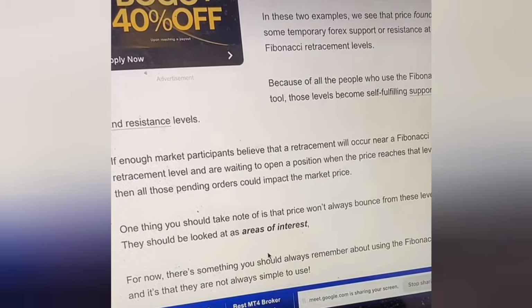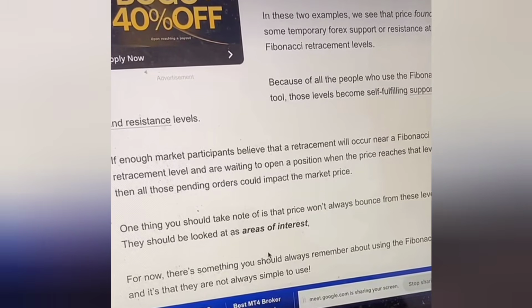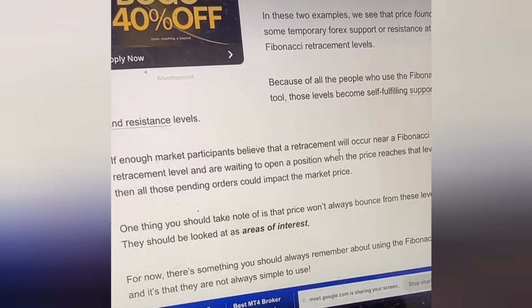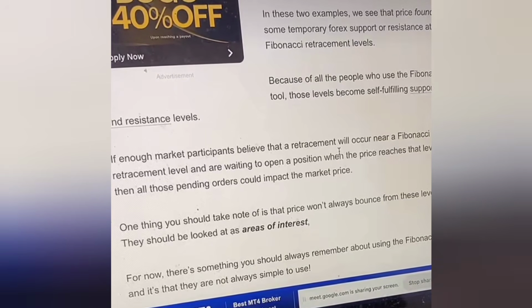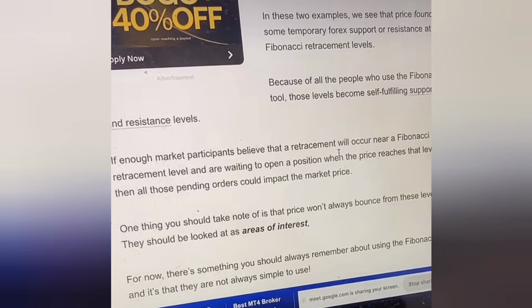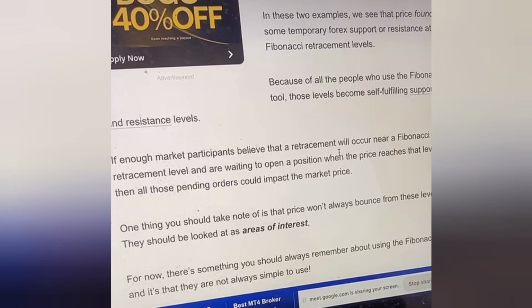If you have so many people selling from a certain level, it becomes a resistance level. If enough market participants believe that a retracement will occur near a Fibonacci retracement level and are waiting to open orders when the price reaches that level, then all those pending orders could impact the market price. Because everybody is waiting for 78. If everybody is waiting for 78, boom, market will buy.